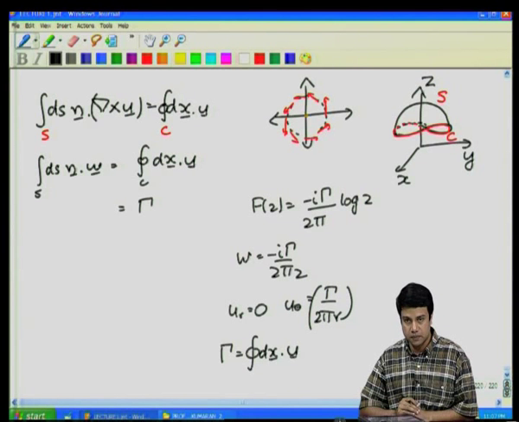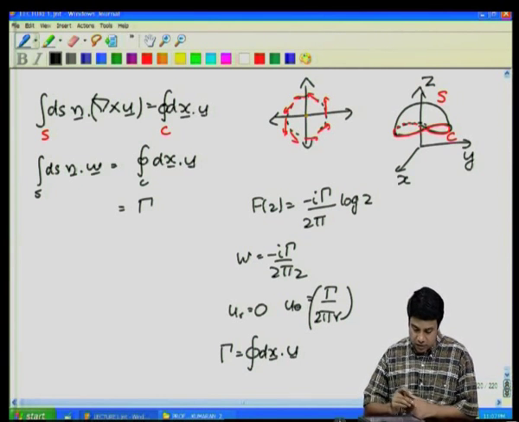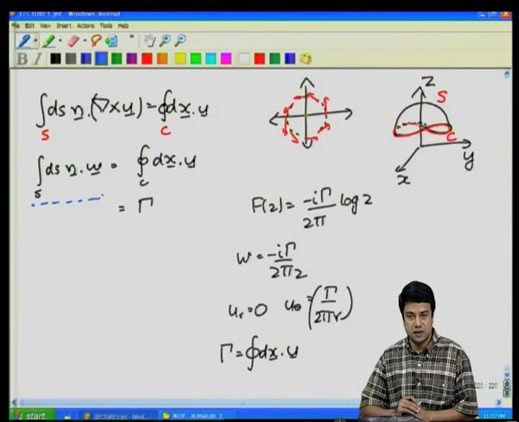Since the circulation is exactly the same on each and every contour around the origin, with u theta equal to gamma by 2 pi r, if I take the integral of this u theta around a circle of radius r, I get a result that is independent of r. It is equal to gamma for each and every circle that I take around the origin. That means this is exactly equal to gamma for each and every surface that cuts the origin.